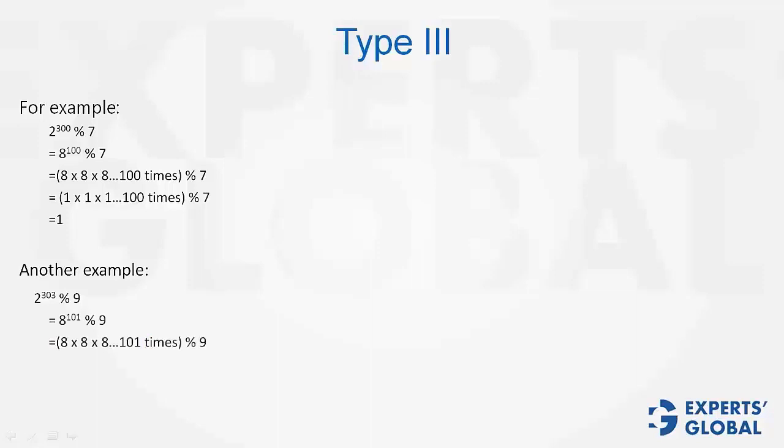This is practically 8 times 8 times 8, 101 times, or negative 1 times negative 1 times negative 1, 101 times, because every 8 gives a remainder of negative 1 with 9. Then, this is being multiplied an odd number of times. Negative 1 times negative 1, 101 times, an odd number of times. Therefore, effectively, this product is going to be negative 1.